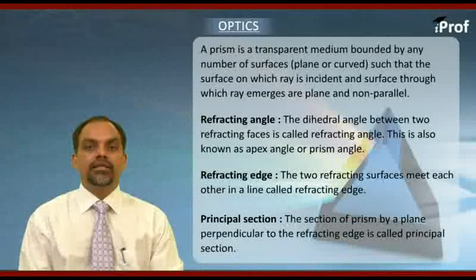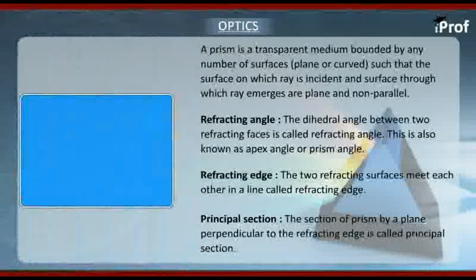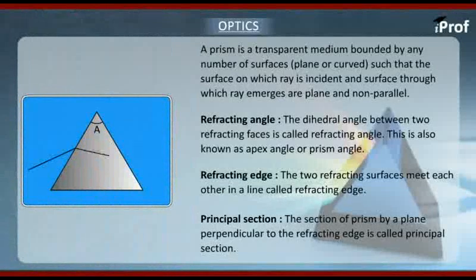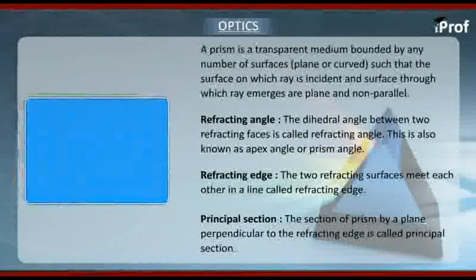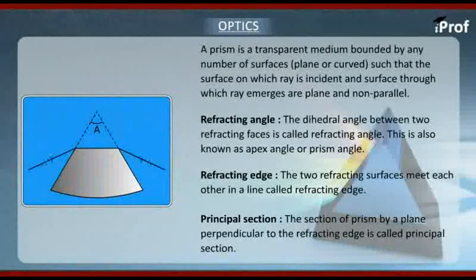Now we can design different kinds of prism. Some of the designs are shown on the screen. Remember, the criteria is the surface on which ray hits and the surface from where the ray emerges should be plane and non-parallel, and there is no specific restriction on other bounding surfaces which can be of any geometry.